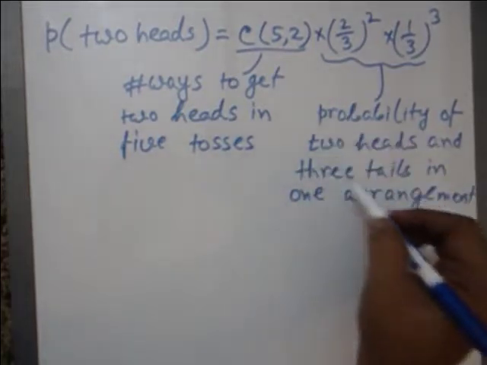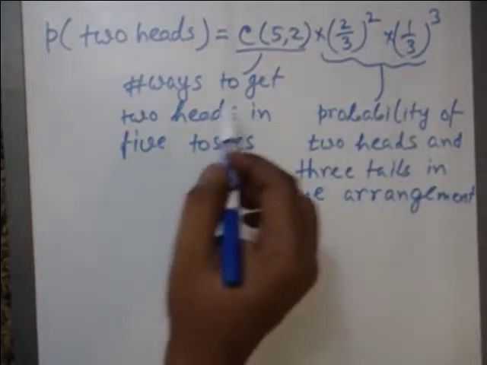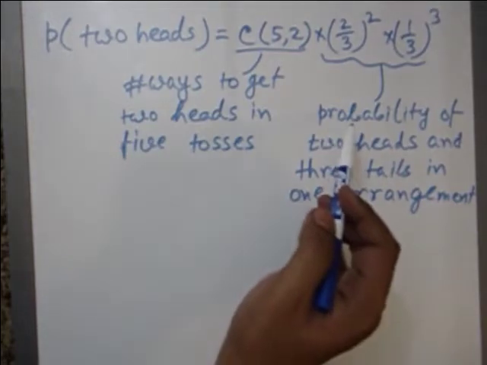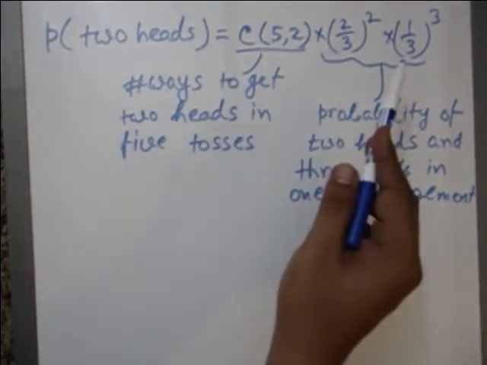So this is for one particular arrangement, and this is the number of arrangements. So you need to multiply them to get the final answer. Okay.